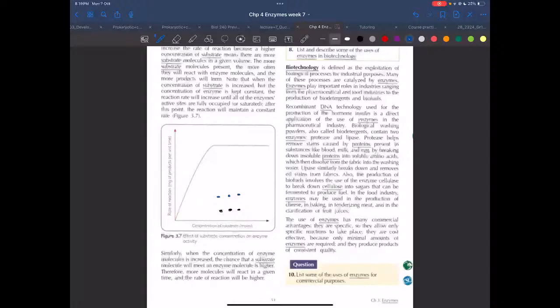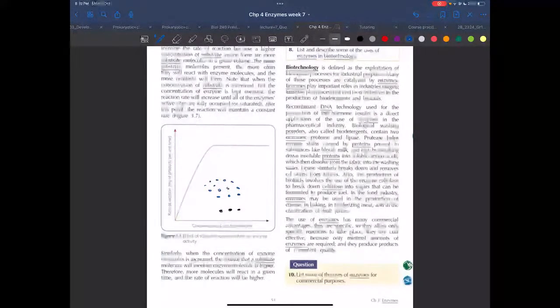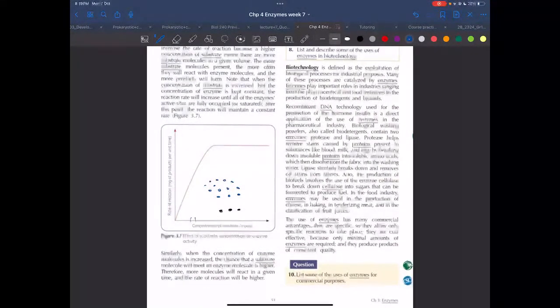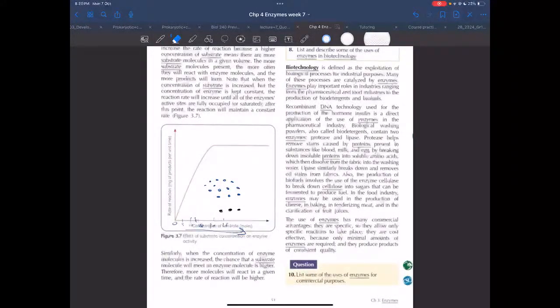Now I increase my substrate concentration. For example, this could be 0, 5, 10, 15, 20, 25. So I'm increasing my concentration of substrate.